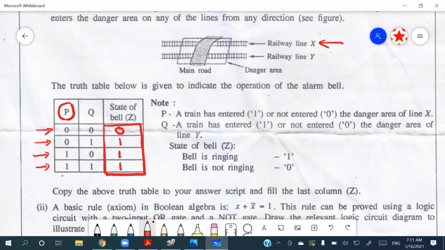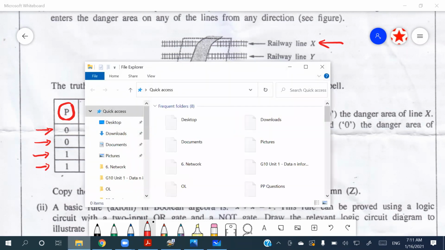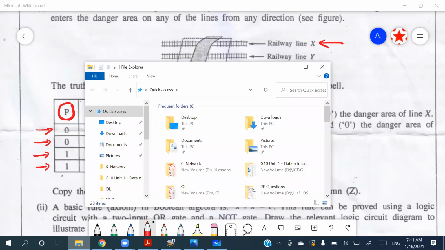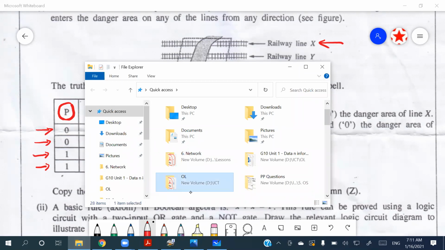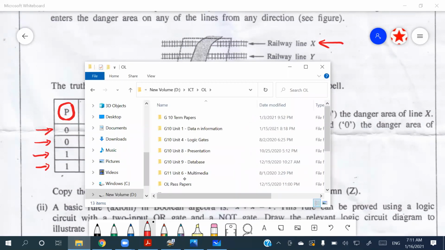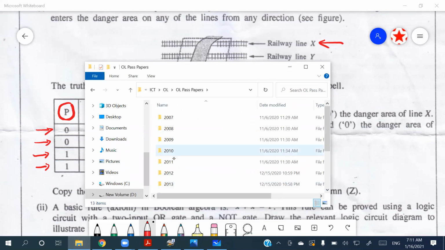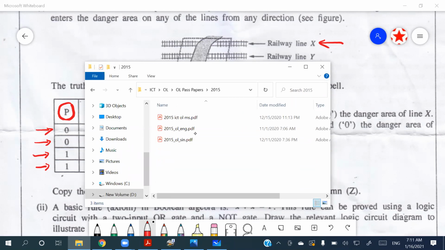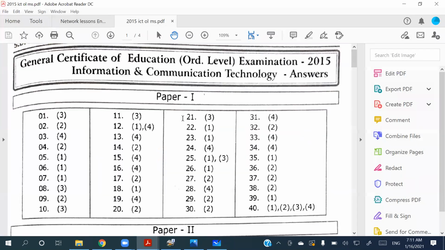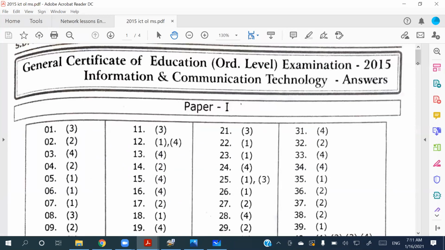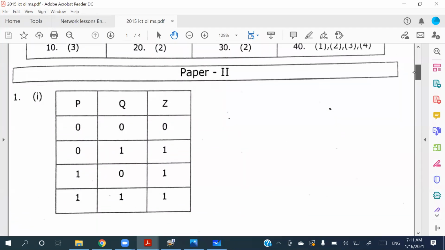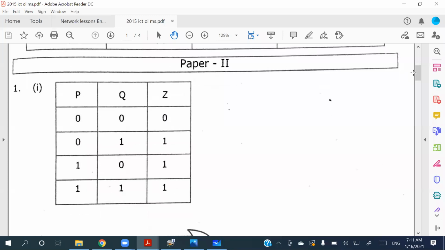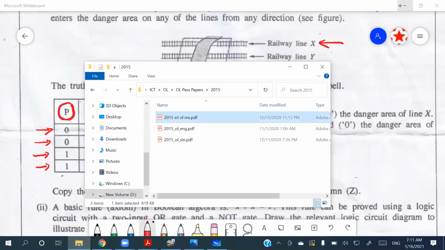So have your marks, and let me take the marking scheme as well. Yeah, this is how it happens.